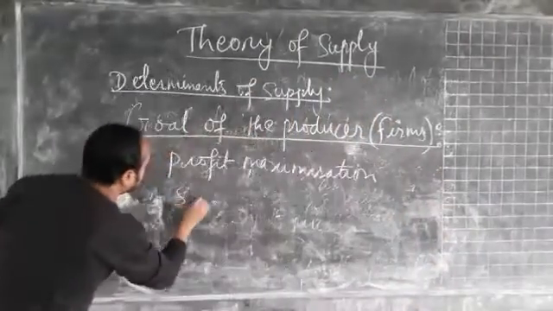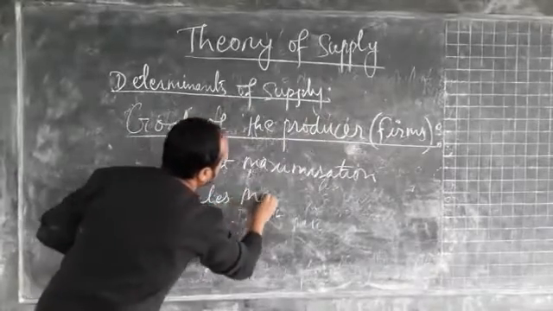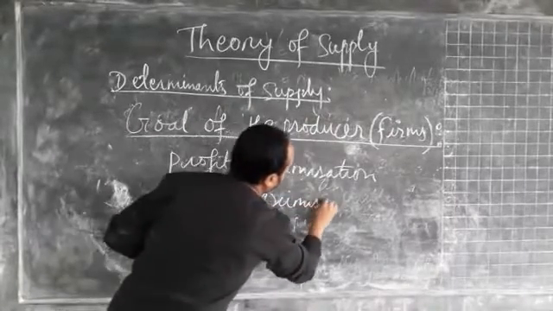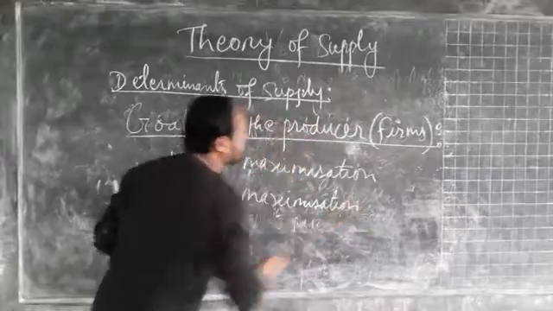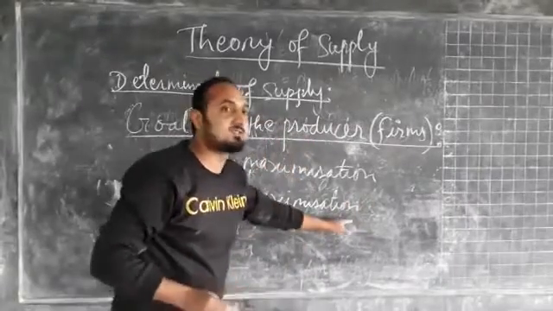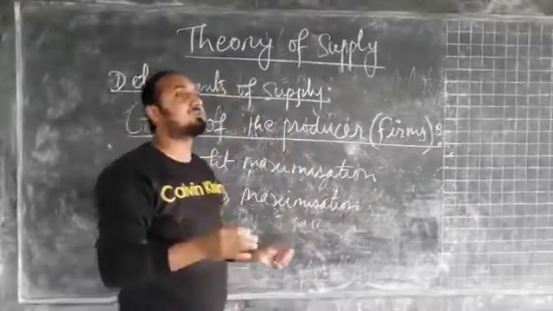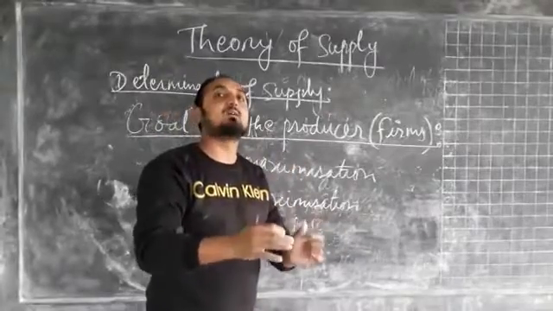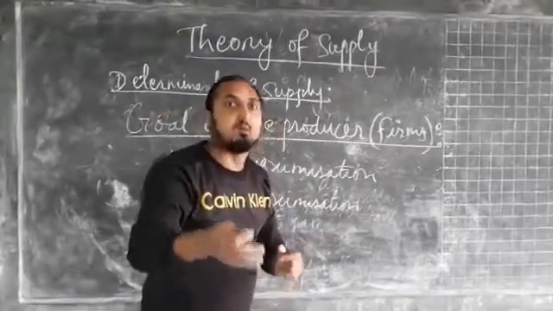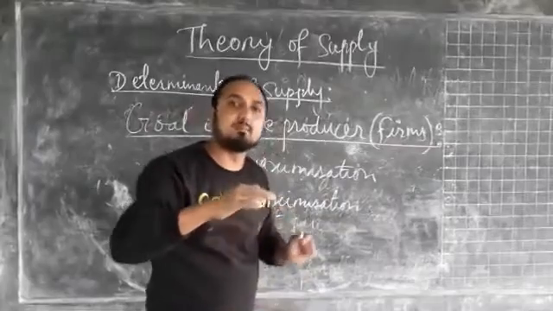So we can say sales maximization. Sales maximization means here the producers aim at selling more units of clothes by charging more or less the same price.